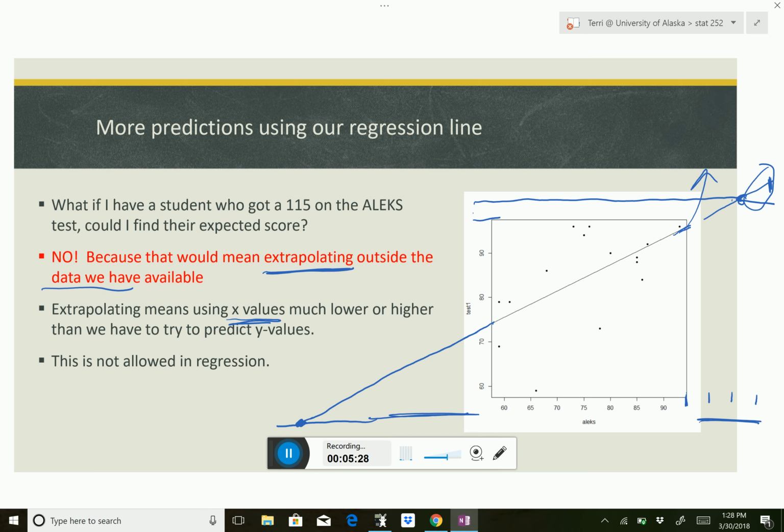That doesn't make any sense. It doesn't make sense for someone to get a 0 on the ALEX test unless they just didn't take it, and I didn't include people that didn't take it in the study. So I can't go way below or way above and use x values to predict my y values. I have to use what I have data for, which is right here.